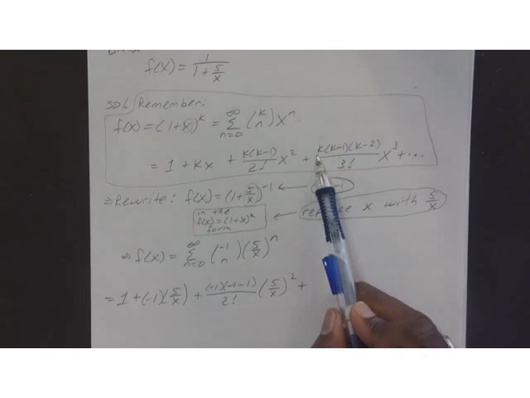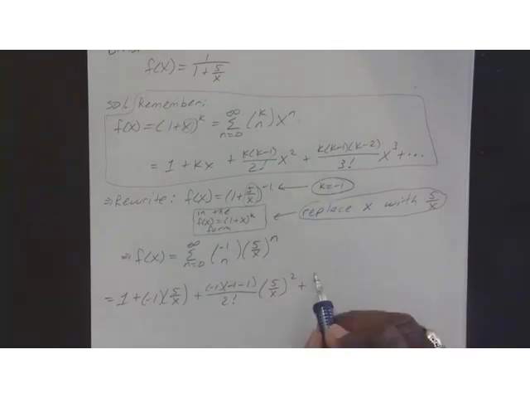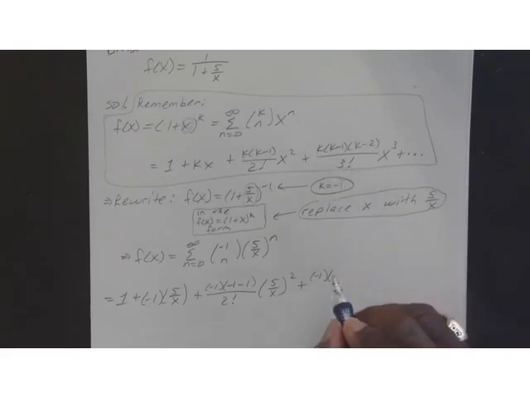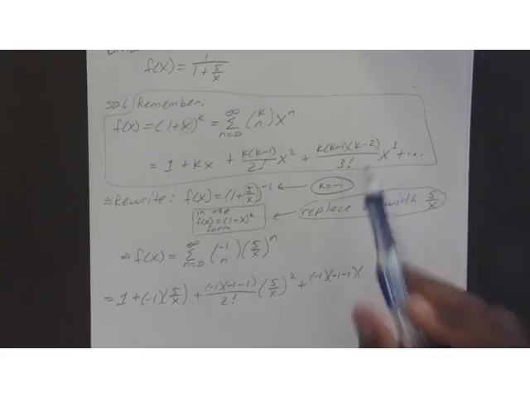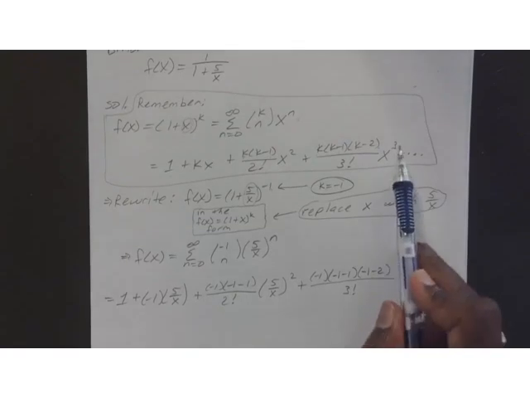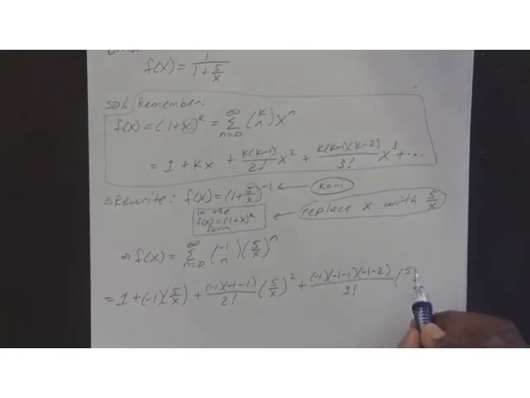Plus that k becomes -1 times k minus 1 becomes -1 minus 1 times that k minus 2 becomes -1 minus 2, divided by 3 factorial, and that x to the third power becomes 5 over x to the third power.